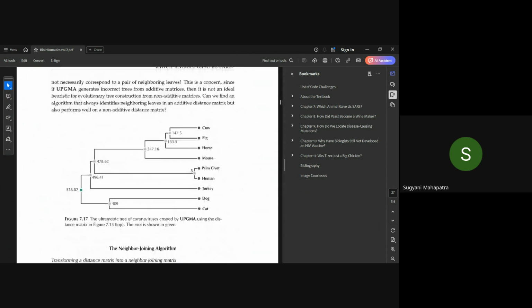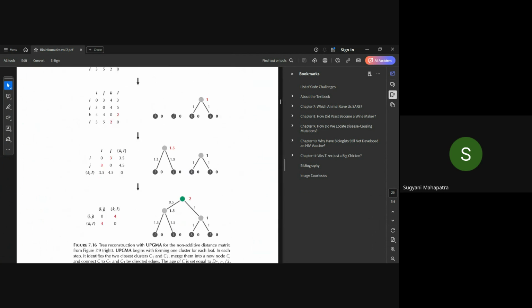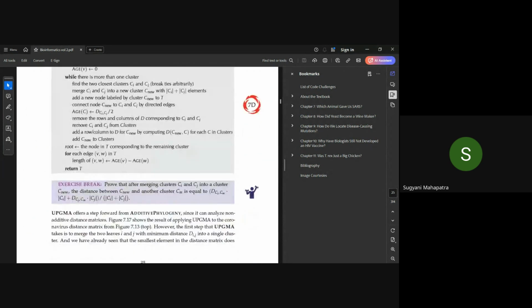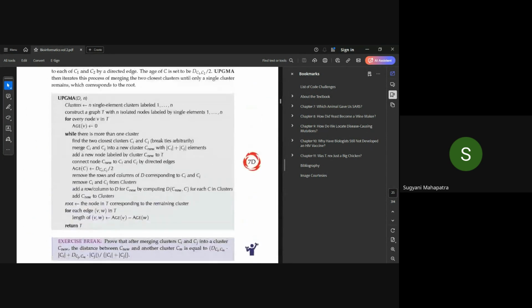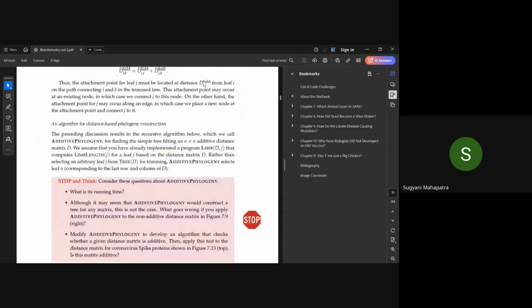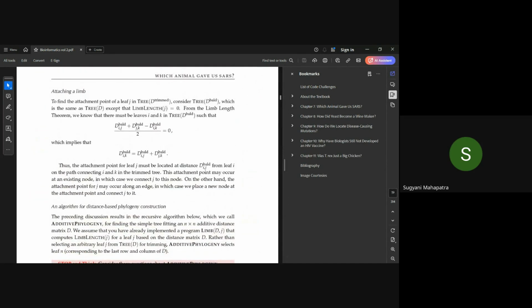In case of the additive phylogeny algorithm, you can be asked to calculate the limb lengths or this D star. In additive phylogeny, you can be asked to calculate the limb length of J, or D trimmed or D bald.